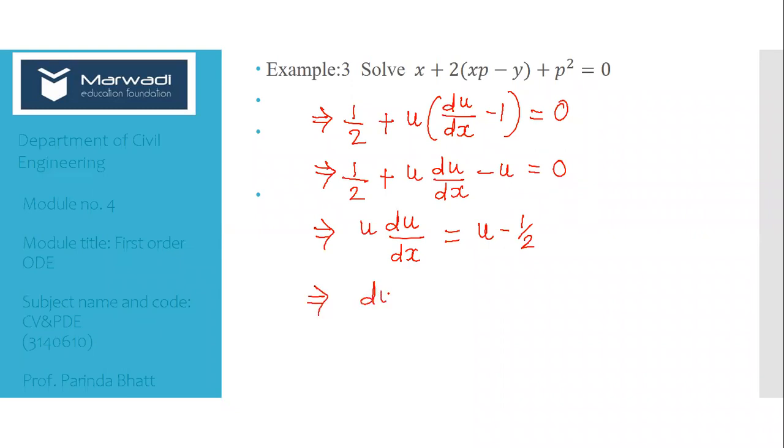Therefore, du by dx equal to, here take the LCM, therefore 2u minus 1 divided by 2. Therefore, 2u minus 1 divided by 2 into u.